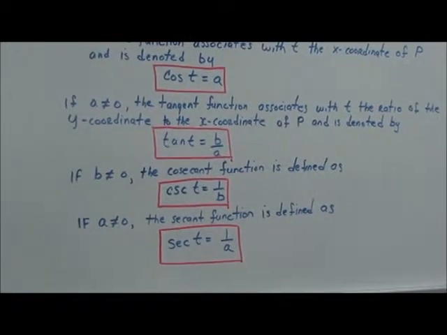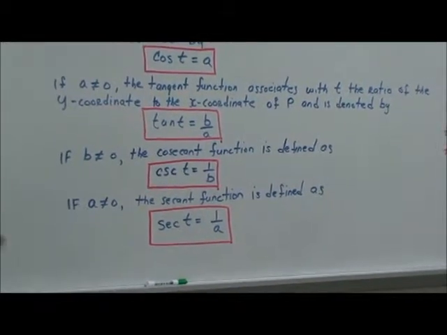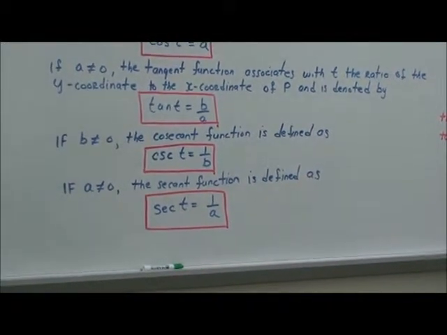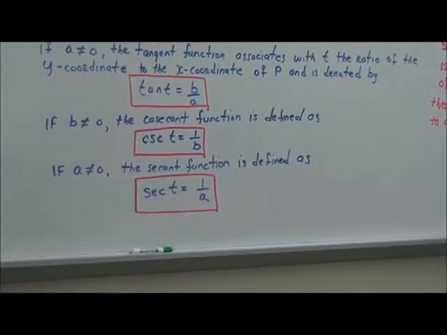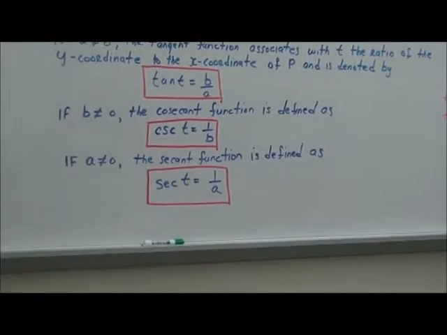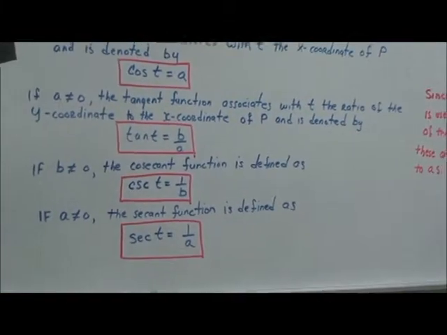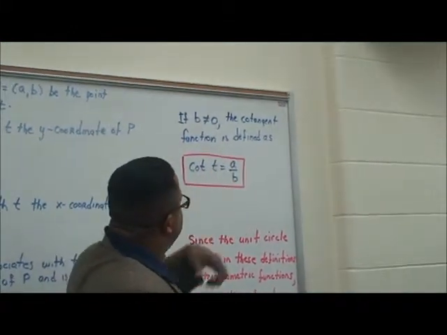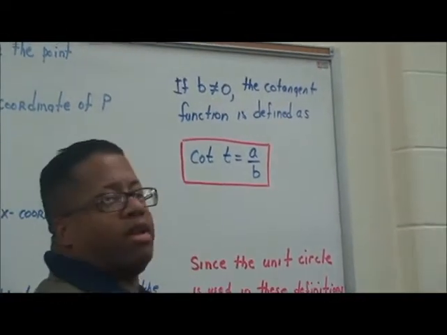Now, if B is not equal to 0, then the cosecant function is defined as what? Cosecant T is equal to 1 over B. What does that remind you of? It reminds you of those reciprocal identities again, doesn't it? If A is not equal to 0, the secant function is defined as secant T is equal to 1 over A. Now, look here. If B is not equal to 0, the cotangent function is defined as cotangent T is equal to what?